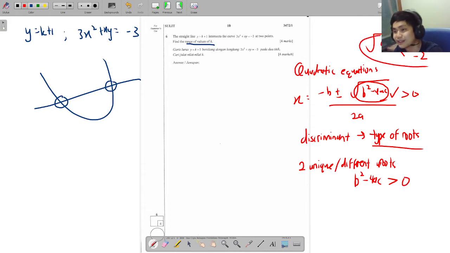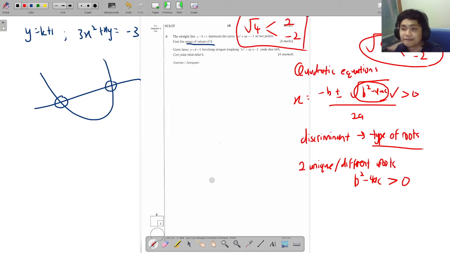I'm sorry, I think you didn't see the example here because I just realized that I put my camera there. So yeah. If we ask for two equal roots, it means I need only one solution. So b squared minus 4ac is equal to 0, because if you square root 0, you get 0. There's only one answer.